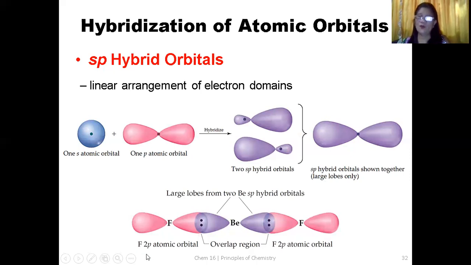Your fluorine is in P also. Therefore, you will have an overlap here of the S and the P.